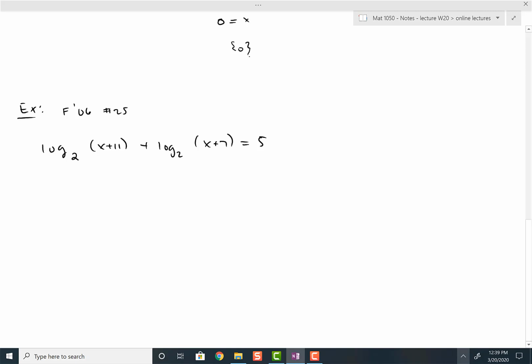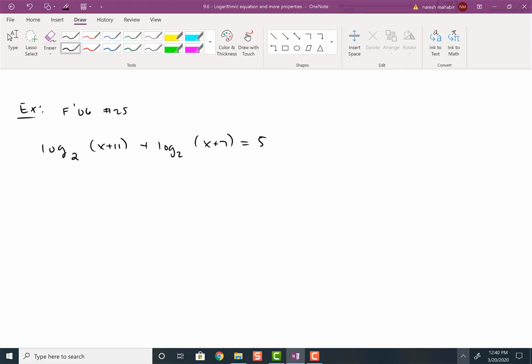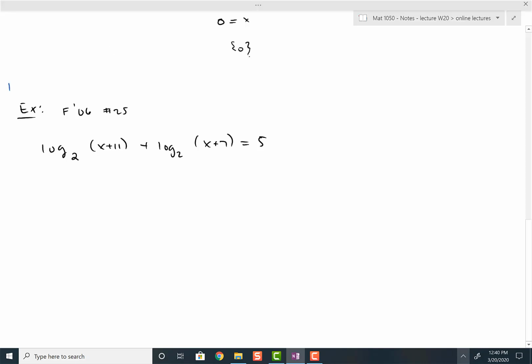So the question now that we're talking about is how. Consider this thing. How do we go about dealing with multiple logs?